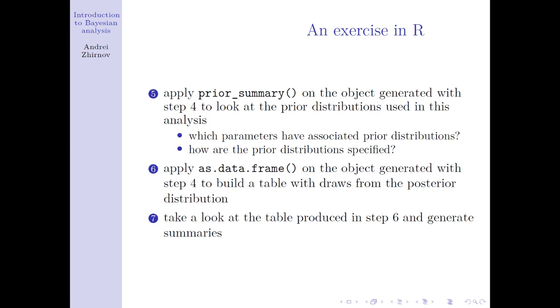Once you have this table, you can go ahead and take a look at it and generate all sorts of summaries for the posterior distributions. Draw them using histograms, generate the point estimates by applying the mean function or the median function to each of the columns, and generally look at the amount of dispersion in this table.